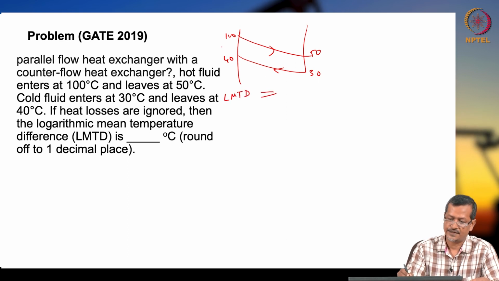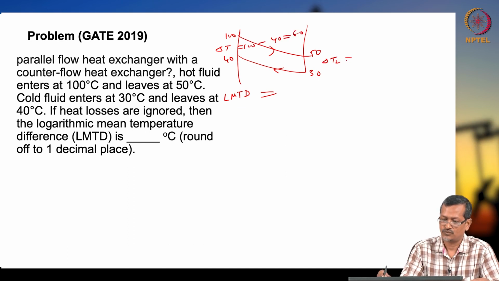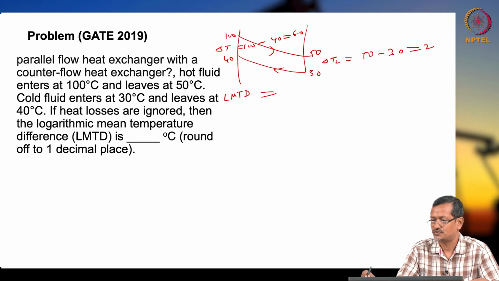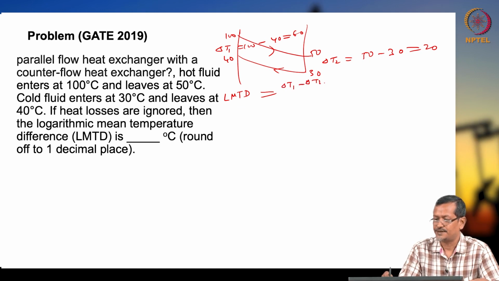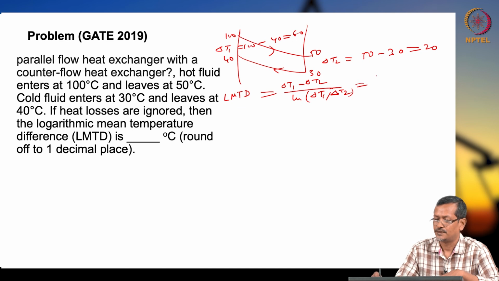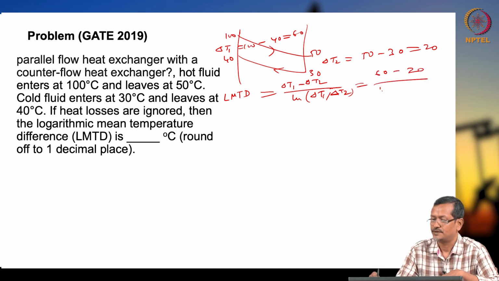LMTD equals del T1 minus del T2 over logarithm of del T1 by del T2. How much is del T1? 100 minus 40 equals 60. Del T2 equals 50 minus 30 equals 20. So 60 minus 20 by logarithm of 60 divided by 20.